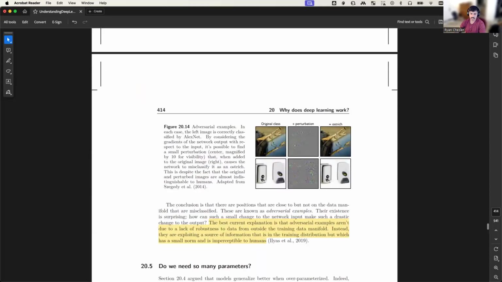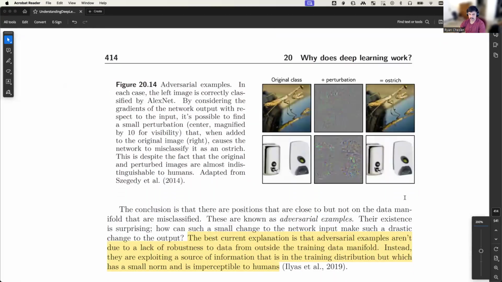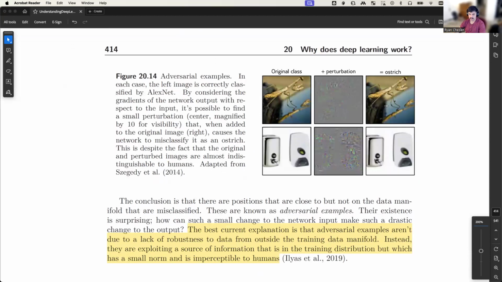And so we can see these examples over here where you're really putting the slightest noise on it. Even if I zoom in on this, we cannot perceive a whole lot of difference here. But it will completely trick the model into making some other distinction.